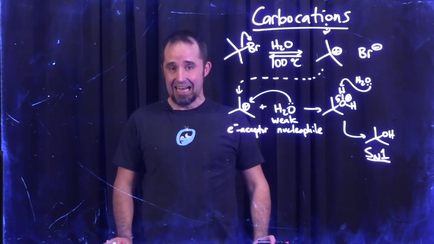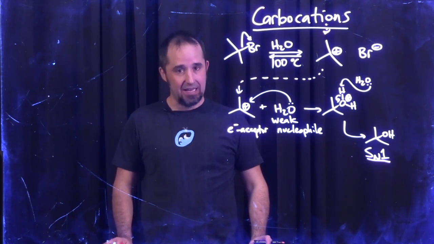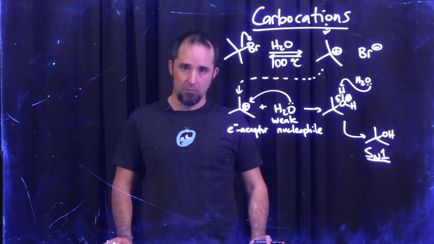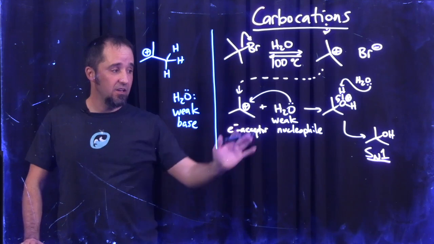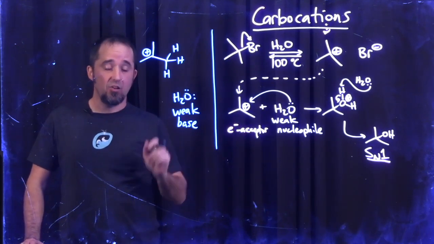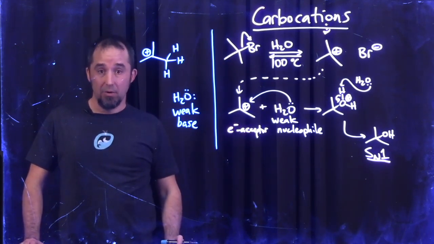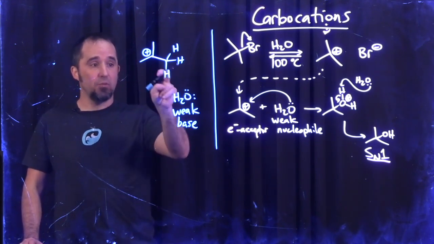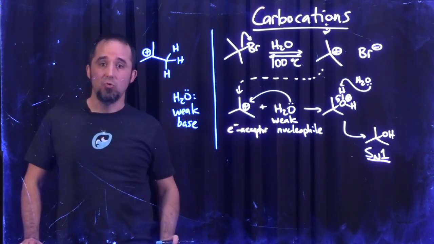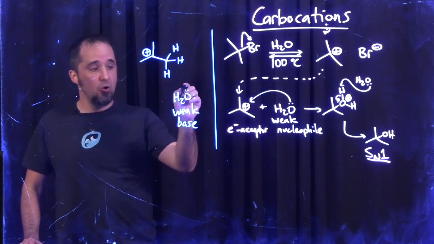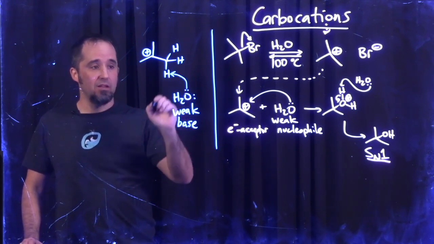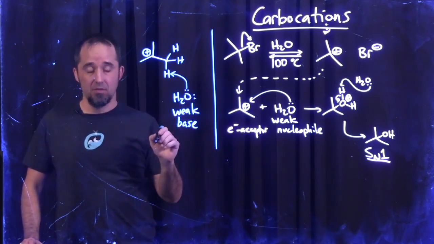But that's not the only thing a carbocation can or will do. Just like water is a weak nucleophile, it's also a weak base. But it's good enough to take one of the protons next to that carbocation. So let's draw the arrows. The lone pair, those electrons go and grab that proton.